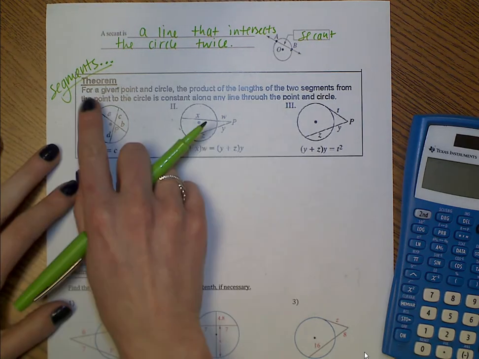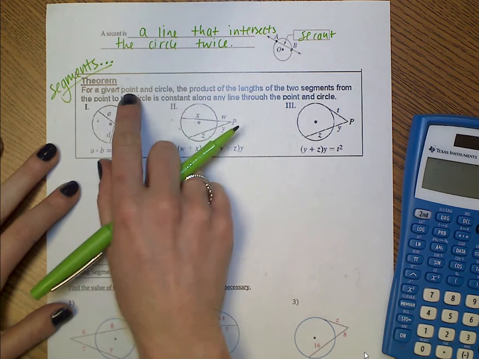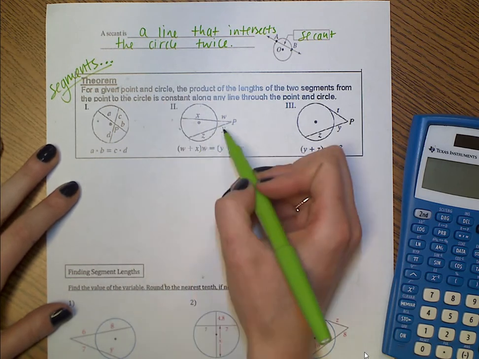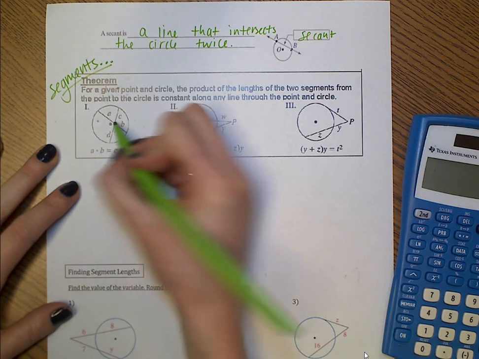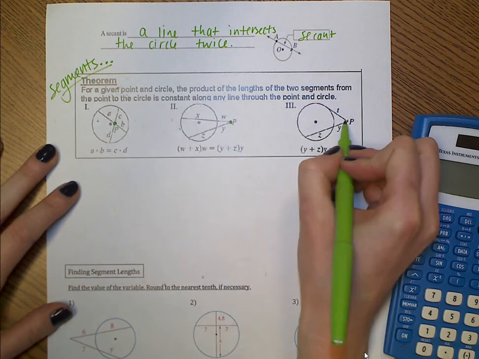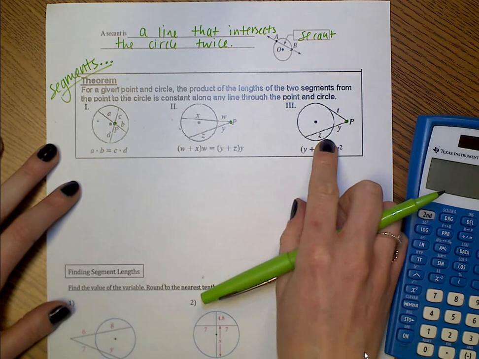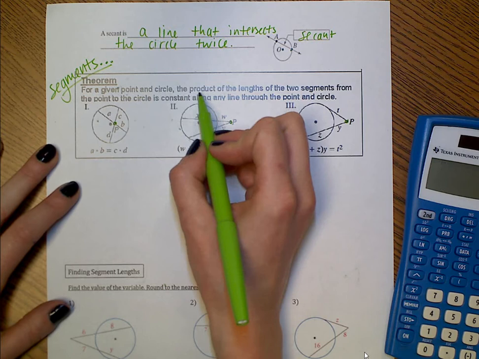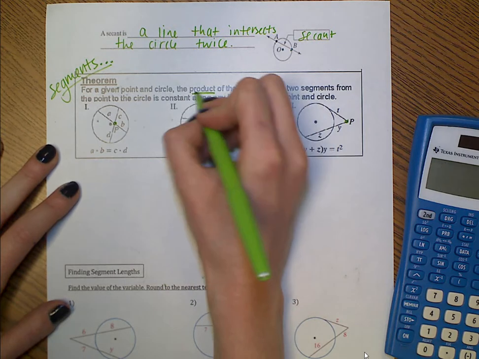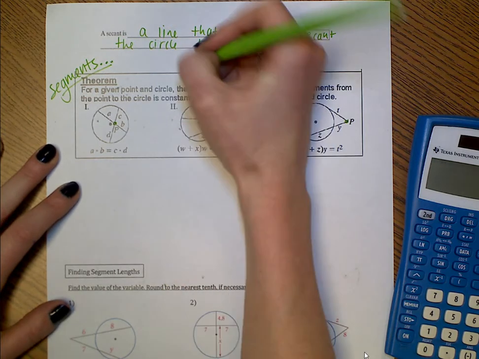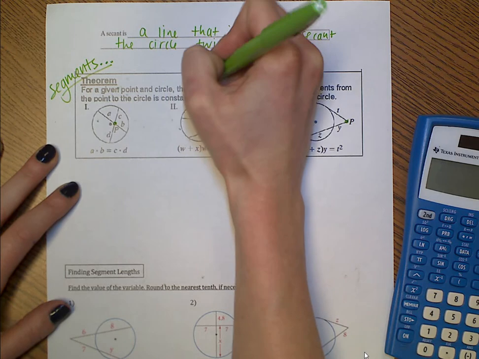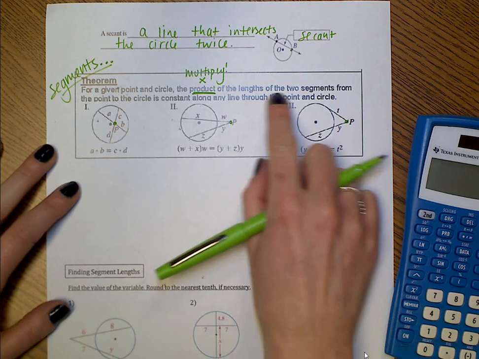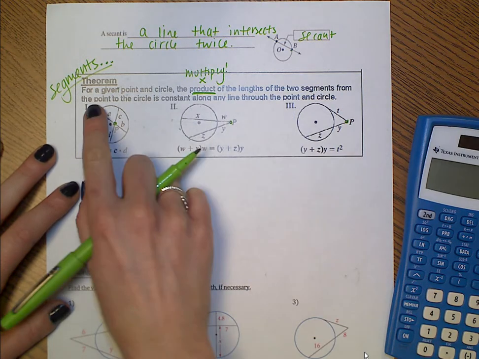So it says, for a given point and a circle, so same thing, you're going to have 2 lines drawn on your picture. They're either going to meet inside the circle or they're going to meet outside the circle. Okay, so kind of 3 different scenarios here. Now they say, okay, for these lines, the product, which I know means multiply, the product of the lengths of the 2 segments from the point to the circle.